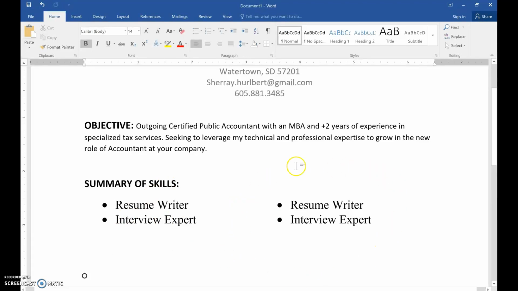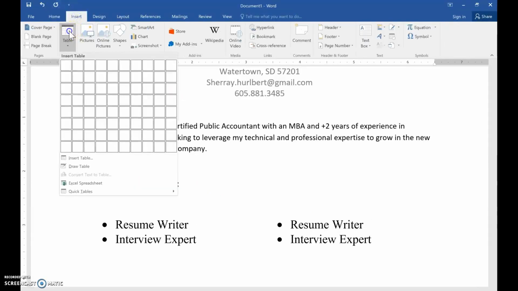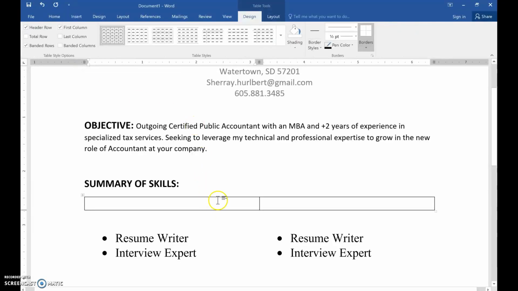It's just human nature when you see white space on a resume to think not qualified. So there's a trick for creating two columns. Let me show you how we do that. If you do insert and then table and click two columns, don't worry about the border. We're going to take care of that later.